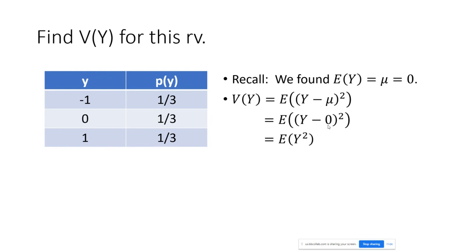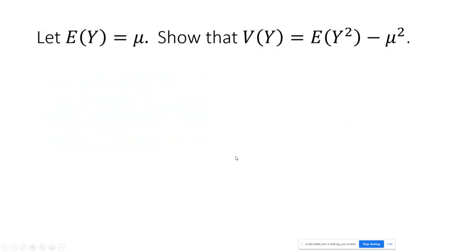Kyle, what was it? Yeah, it was 2/3. And remember that we found that by making a new version of our table of our probability distribution with the values of y squared, then multiplying each row and then adding the results. So our variance here is 2/3.